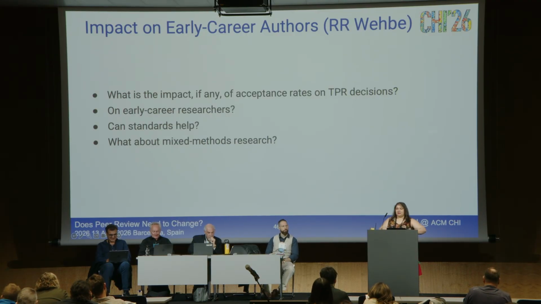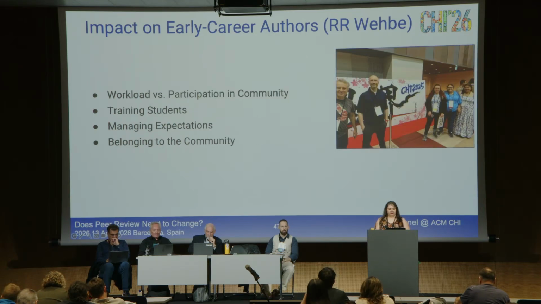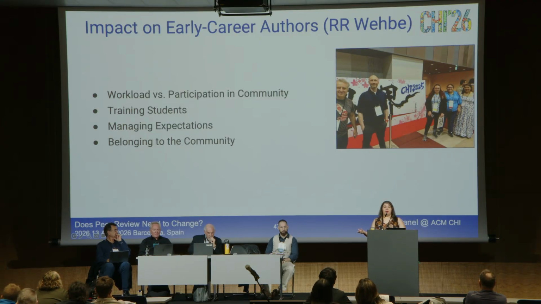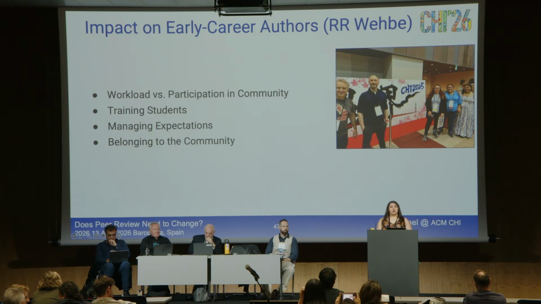So this becomes a question of how do we engage people in the community, because being at CHI is something that is a dream for a lot of researchers. And depending on where you're coming from, your institutional value, your funding, you might get to go to CHI, but for a lot of us, it's only if you get a paper accepted. I don't know if that's different for some of you.